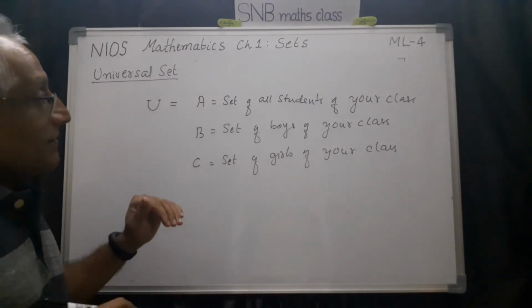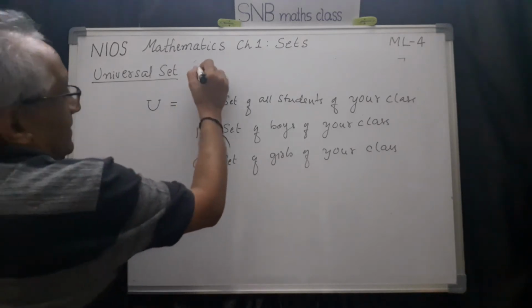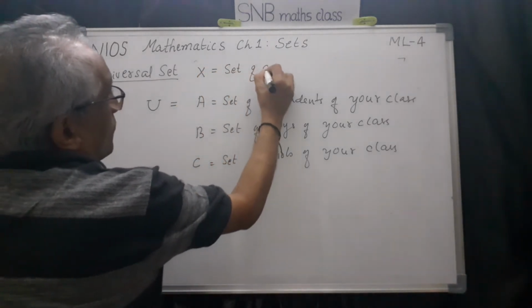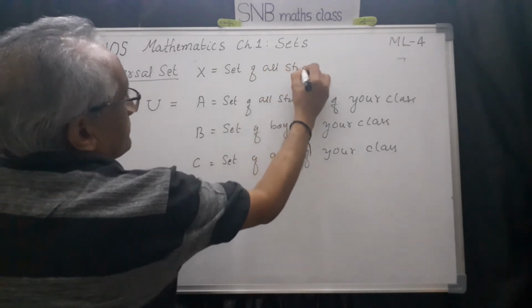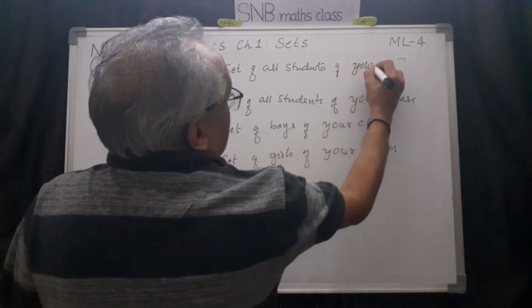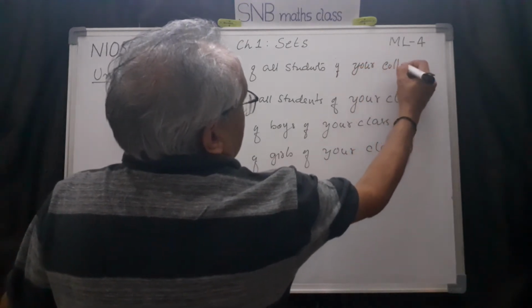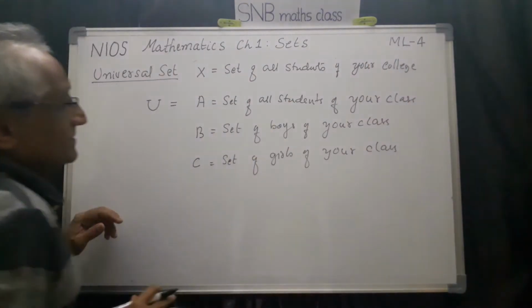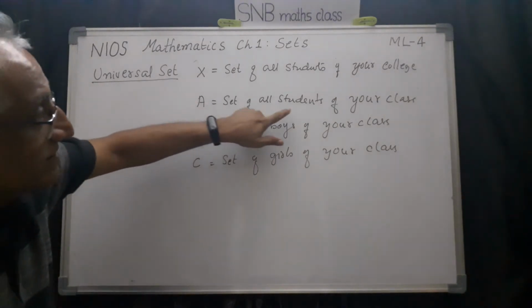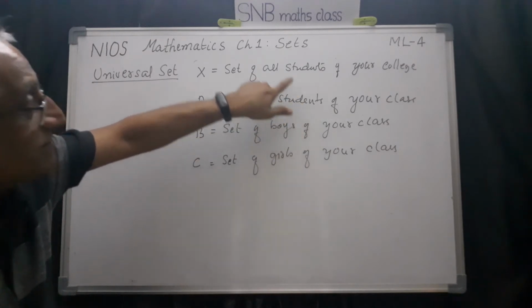Now suppose you take, let us say, X equal to the set of all students of your college. So in this case, this becomes the superset once again. The set of all students of your class will be a subset of this.